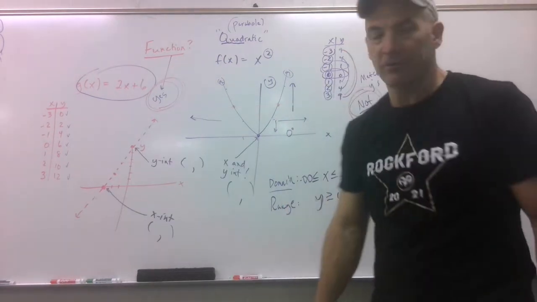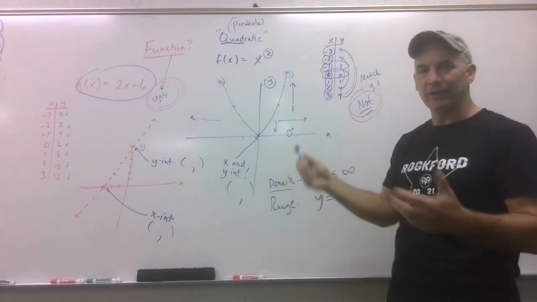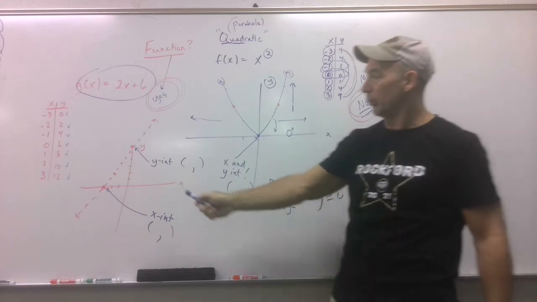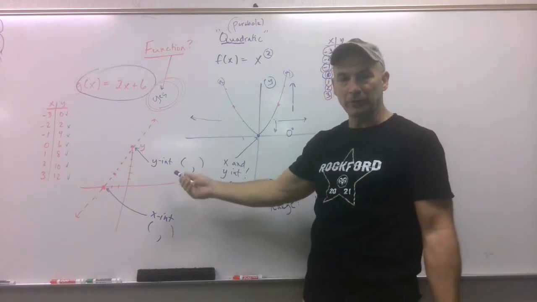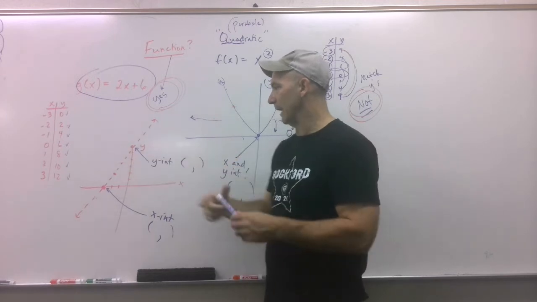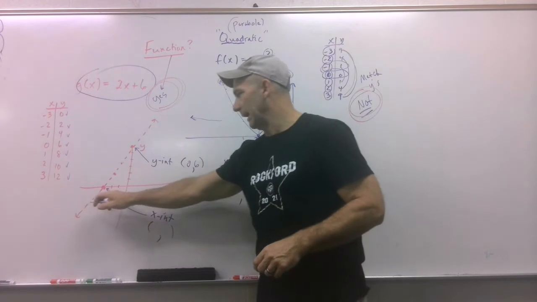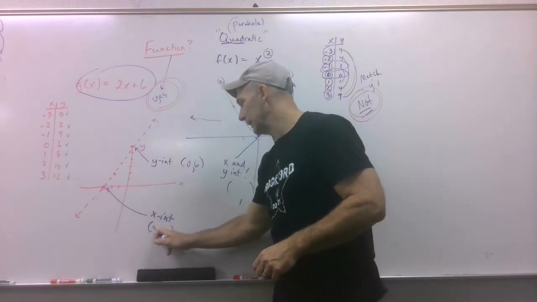Another thing they're going to ask us about is, after you've taken a look at the graph, what's the x-intercept? What's the y-intercept? I'm going to start over here. The y-intercept is simply where the graph crosses the y-axis. So in this case, that'd be (0, 6). In this case, that'd be (-3, 0).